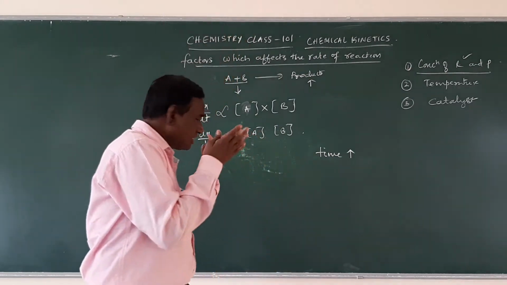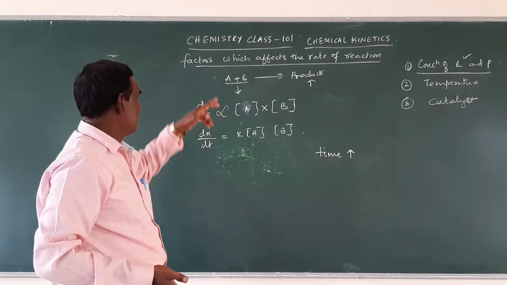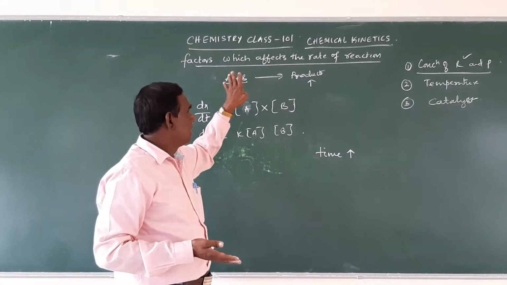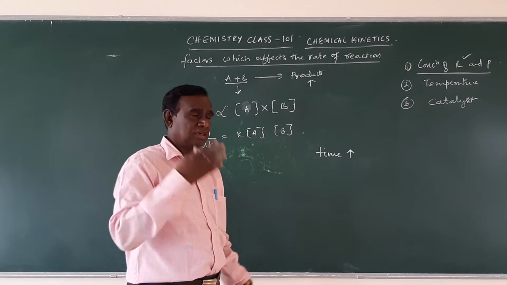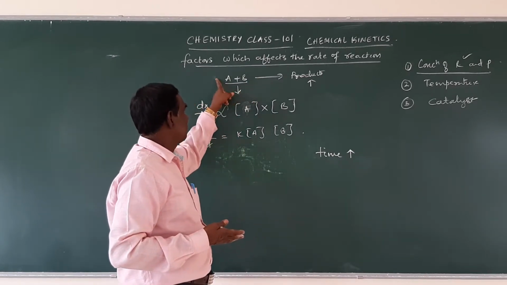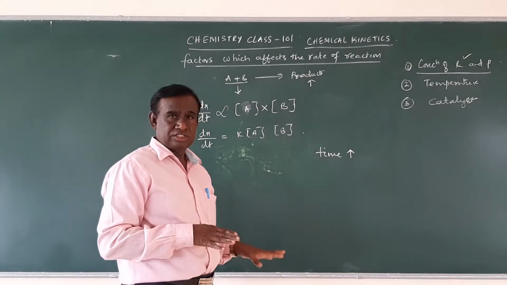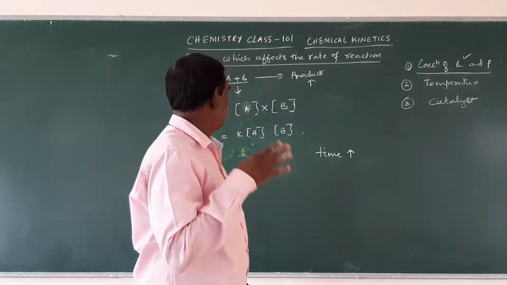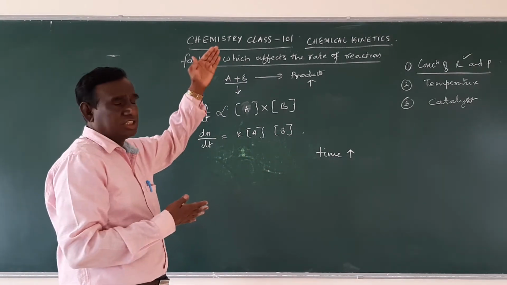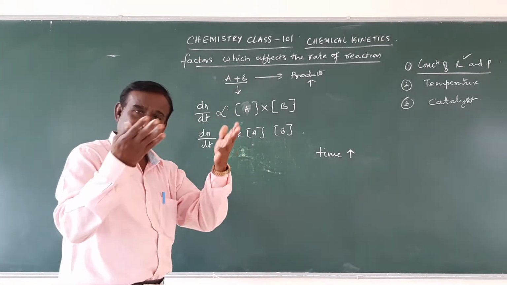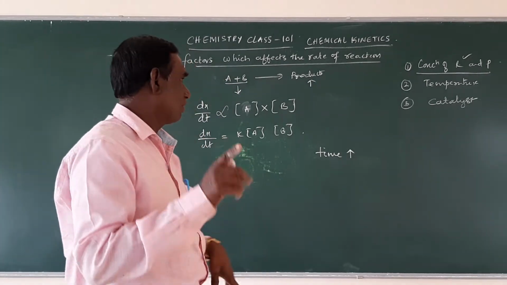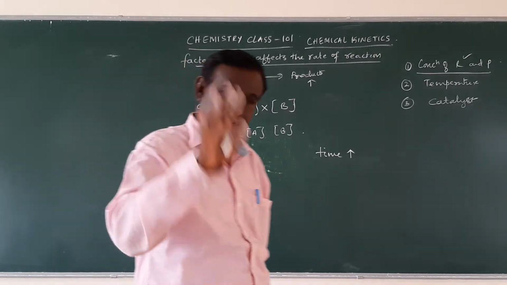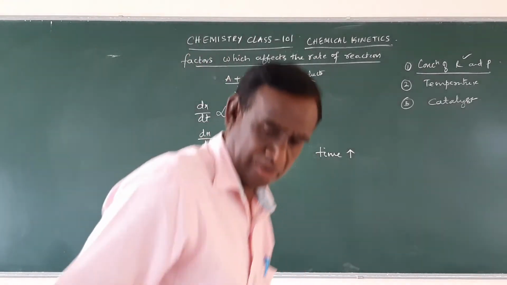But as the time passes, at constant temperature, the concentration of the reactant decreases and the product concentration increases. Therefore, the rate of a chemical reaction also decreases. Therefore, the rate of a chemical reaction depends upon the concentration of the reactants. That is the point to be remembered.